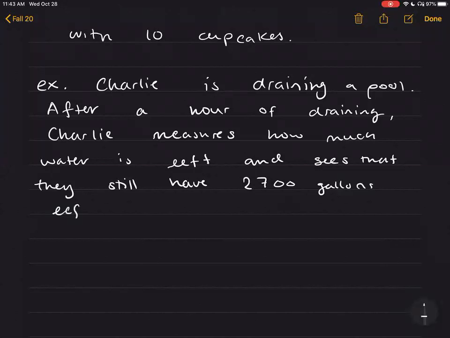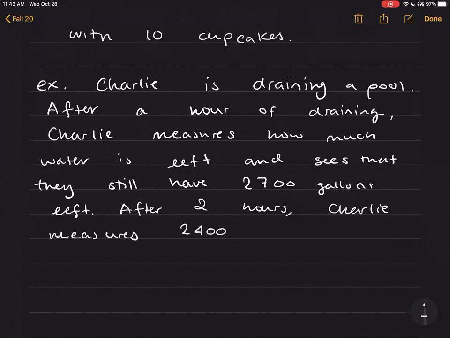It's a large pool. After 2 hours, Charlie measures 2,400 gallons remaining.